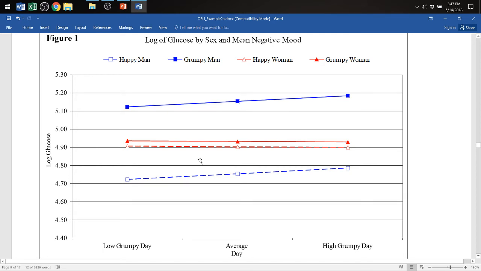So the distance between the blue lines conveys the between-person negative effect for men. The fact that the distance between the blue lines is much bigger than the distance between the red lines conveys the person-mean negative mood by gender interaction. So the red lines are on top of each other. There is basically no between-person negative mood effect in women. It is significantly bigger in men. Within a color, they're parallel because there's no between by within interaction.